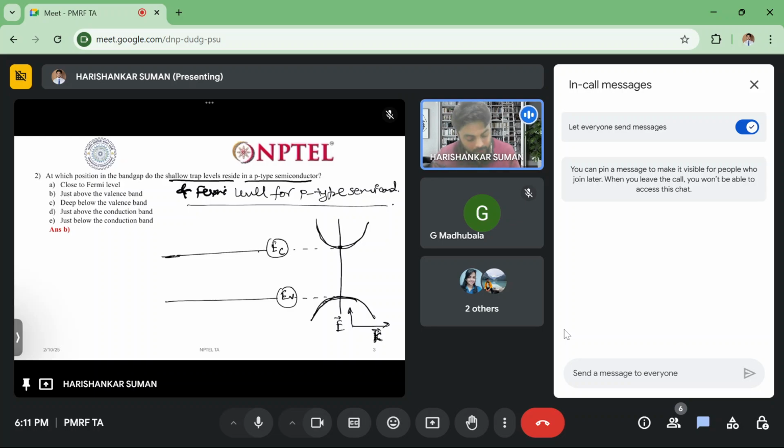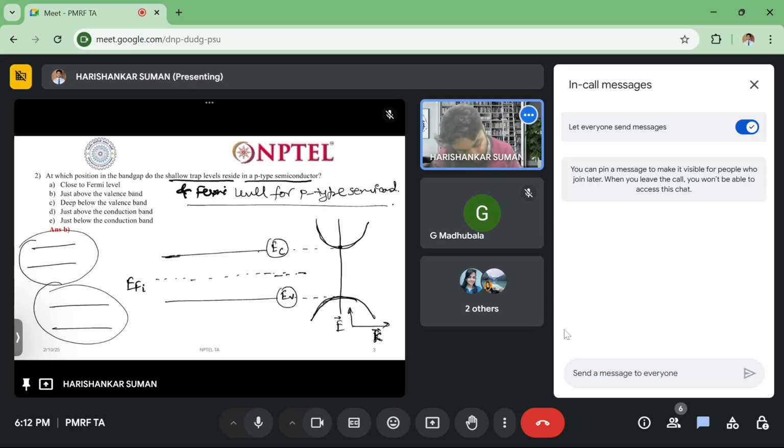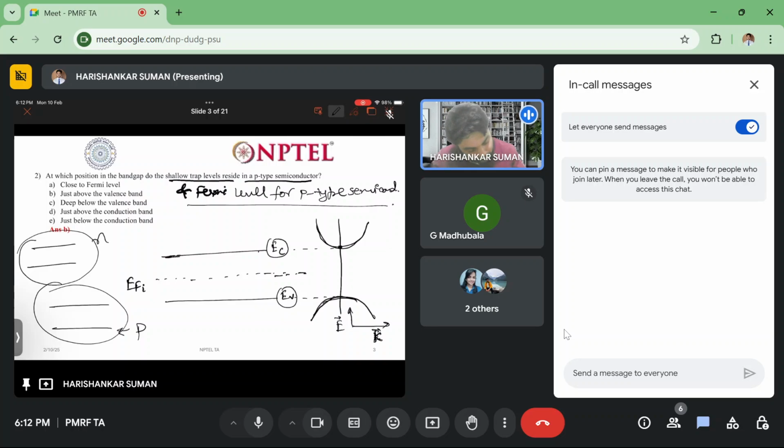Let me discuss first the intrinsic semiconductor: the Fermi level is like that for an intrinsic semiconductor. If it is n type, if it is p type, then tell me where the Fermi level will be.